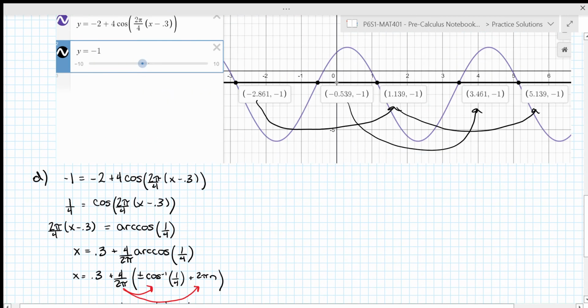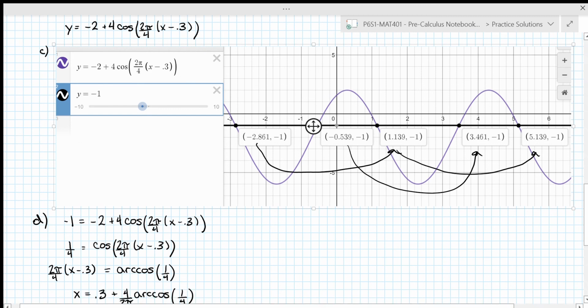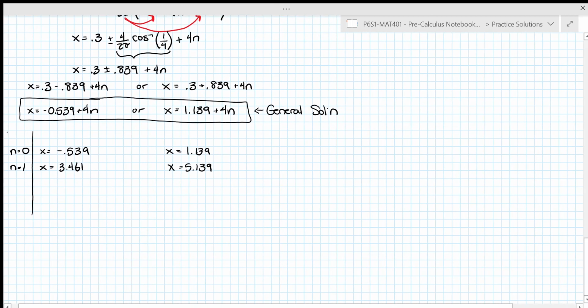I've got all but this one right here, that negative 2.861, because that's one full rotation in front of one other one, actually. So I might need to do n equals -1 and subtract 4. n -1 times 4 is -4, so this would be negative 4.539. Doesn't show up on the screen.